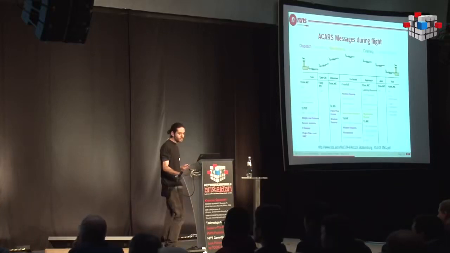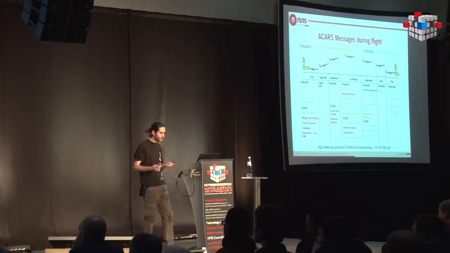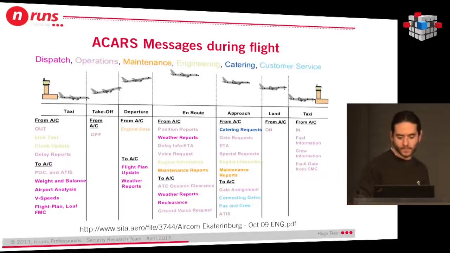Okay. So which kind of data can we send? This graphic here, offered to us by CETA, we'll see later who is CETA, shows some of the standard information sent and received by an airplane during a normal flight, all of the phases of the flight, from taxi to landing and again taxi, okay?